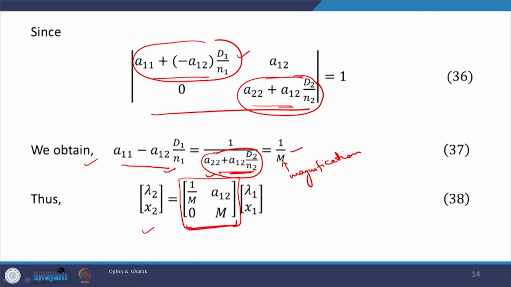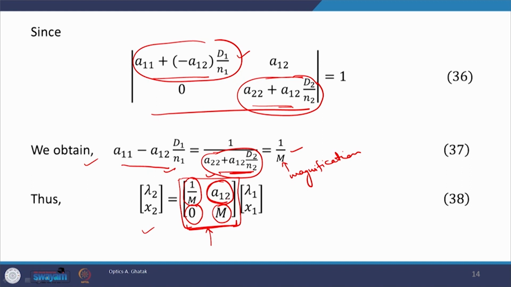Now, after analyzing the system using the matrix method, we found a simplified matrix whose first term is the inverse of magnification, the last term is magnification, this term is equal to 0, and the only unknown is a12. a12 is the only unknown we are left with.